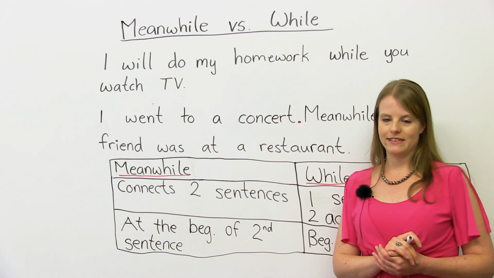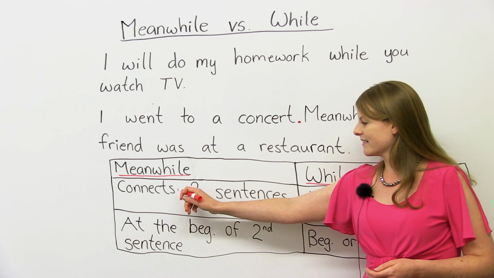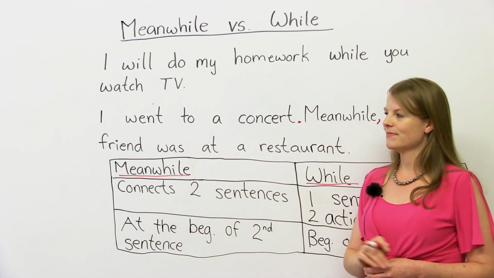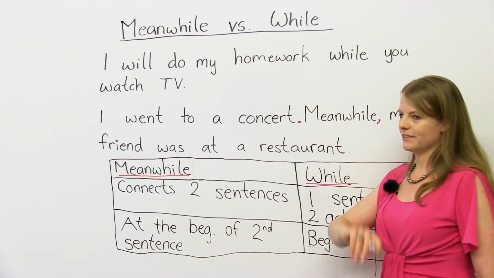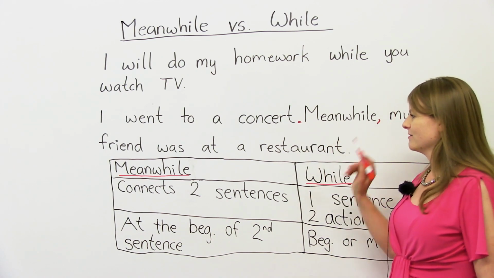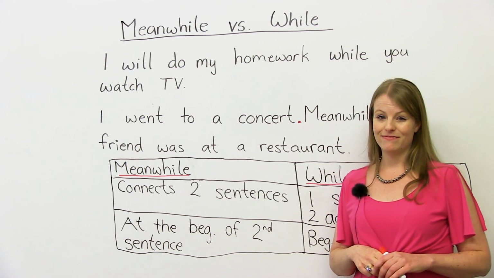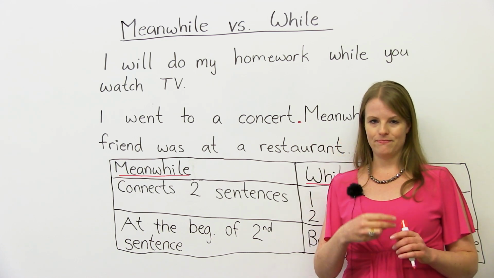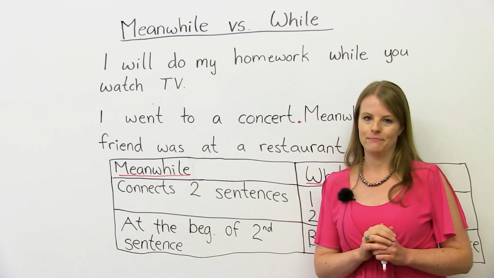One of the first differences I want to point out is that meanwhile connects two sentences. So we have our first sentence: I went to a concert. Meanwhile, my friend was at a restaurant. So with meanwhile, you always need two sentences. The actions are split up into two sentences.